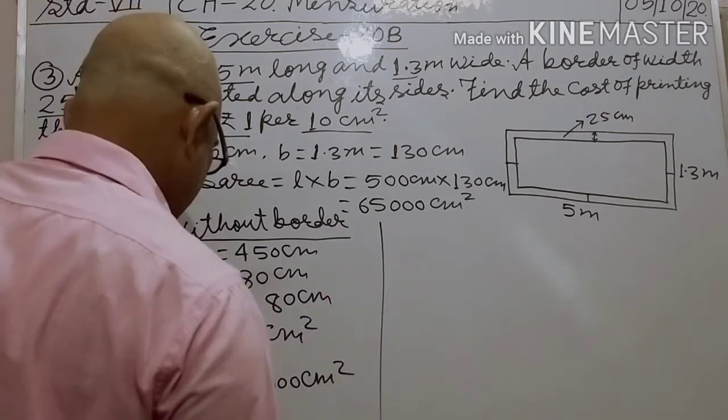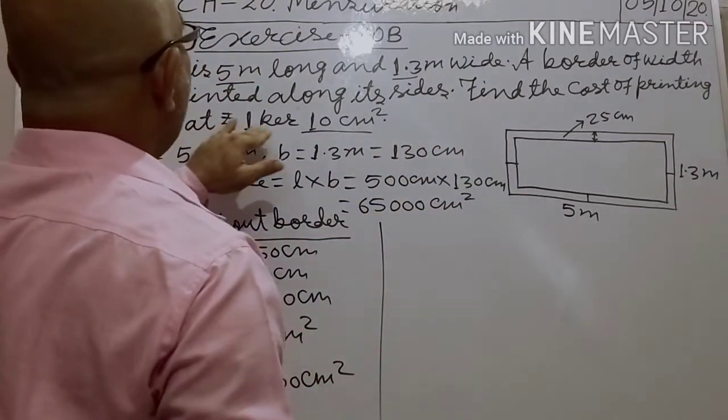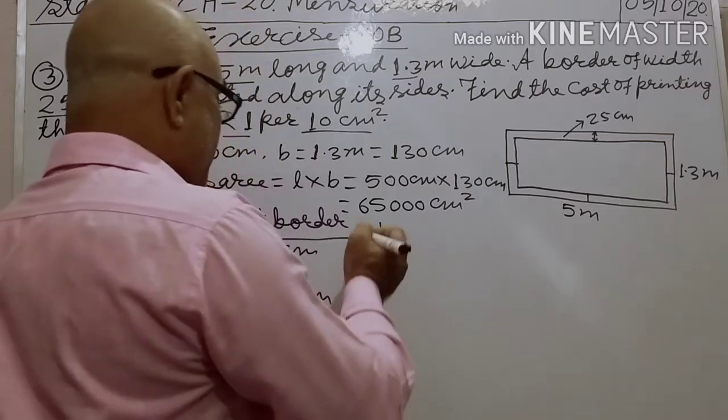Now the cost of printing the border at rupees 1 per 10 cm square.